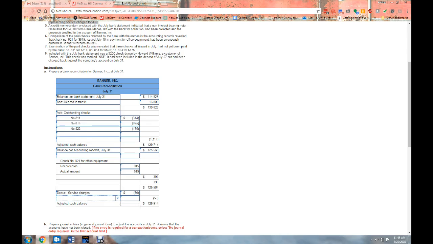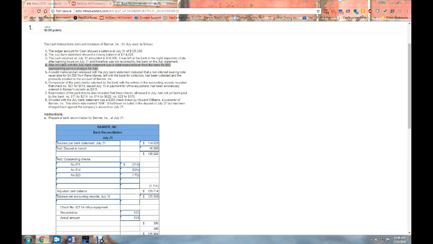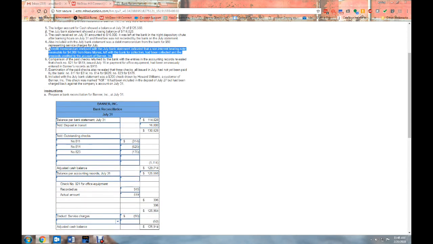And now, so we've dealt with 1, 2, 3, 4. Now number 5, credit memorandum. So we have a credit memorandum that was enclosed with the July statement that indicated a non-interest-bearing note receivable from $4,000 from Renee Maines left with the bank for collection had been collected and the proceeds credited to the account of our company, Banner.